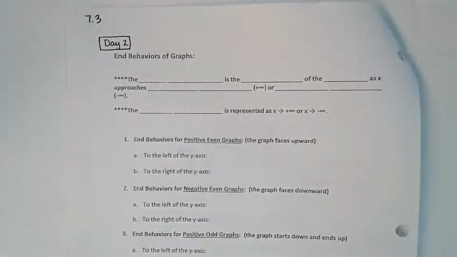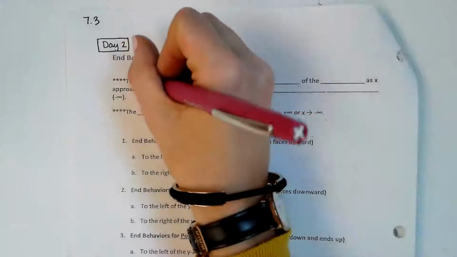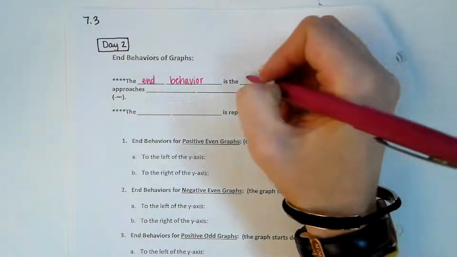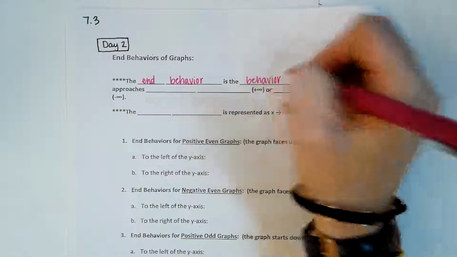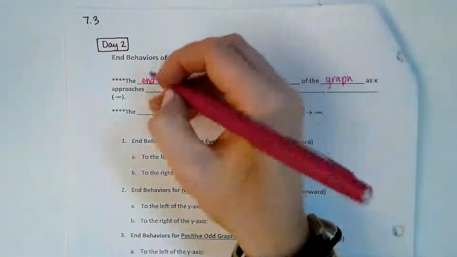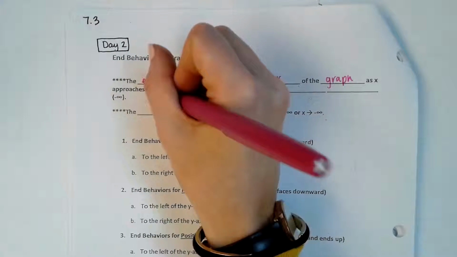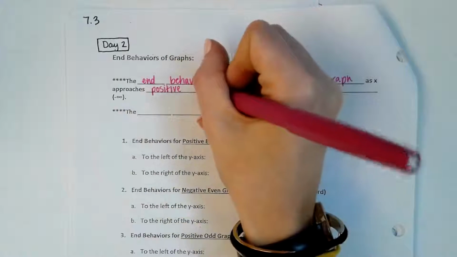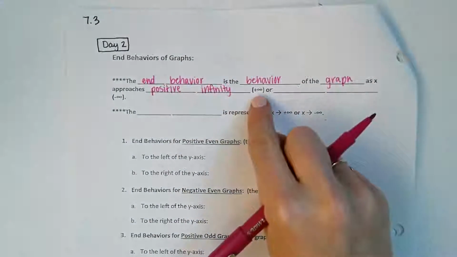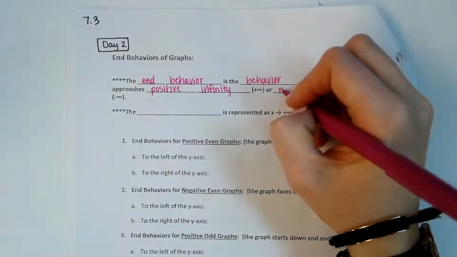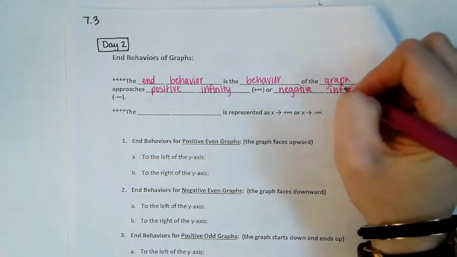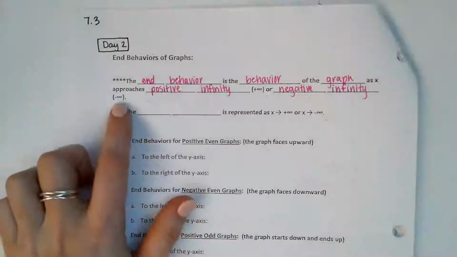So the end behavior is the behavior of the graph as x approaches positive infinity, which that's the symbol for that, or negative infinity, which looks like that.